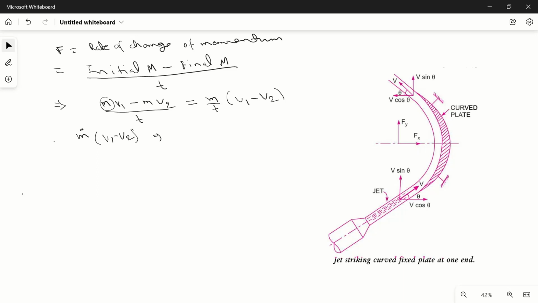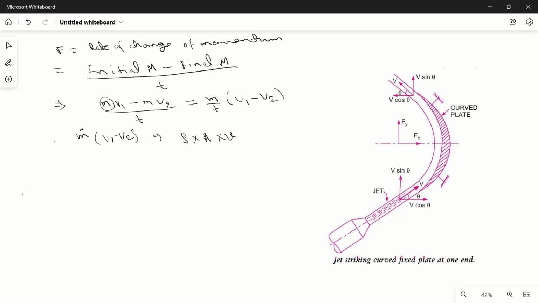And here the mass flow rate will be density, which is rho, into the area of this jet into the velocity of this jet, because mass is rho, that is, density into volume.